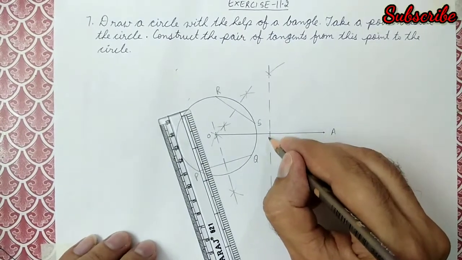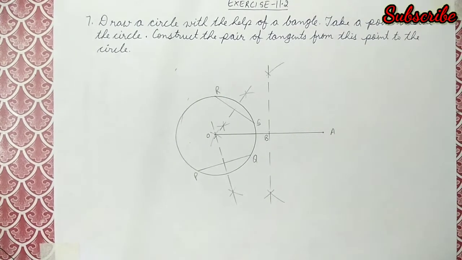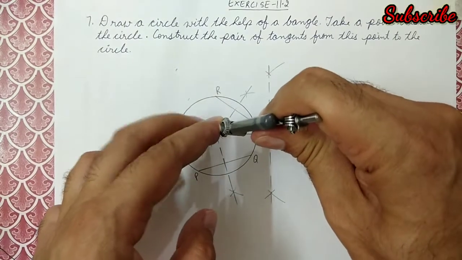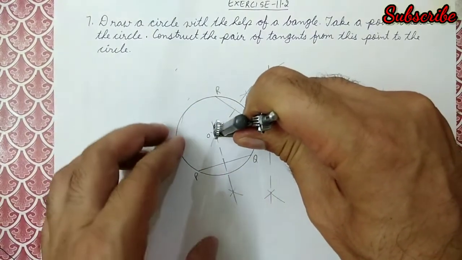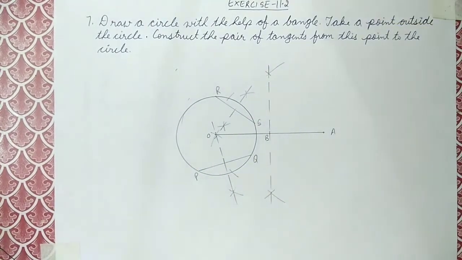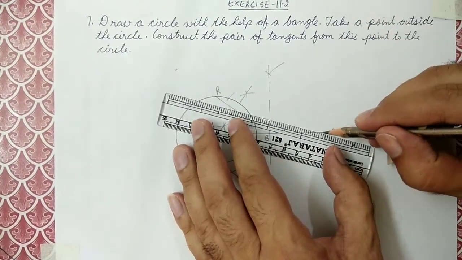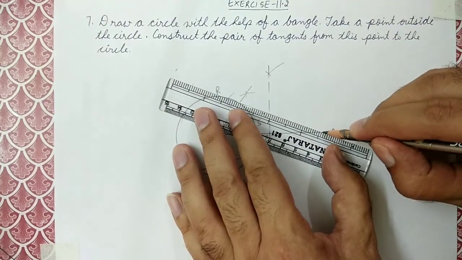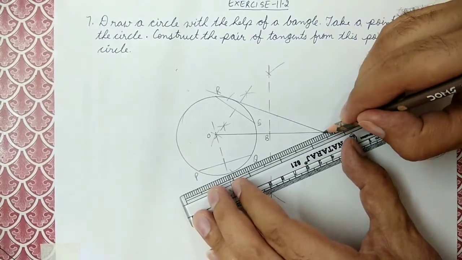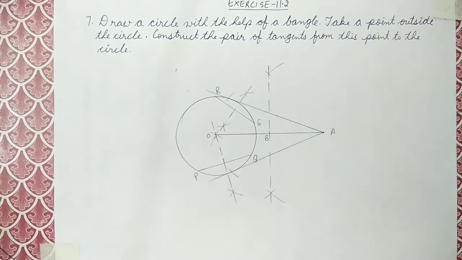We name this point as B. Now keeping the compass at B, the point of the compass, center at B, and open it equal to OB. So this is one arc, this is the other arc. We join it. And this is how we can get the tangents to this circle, right?